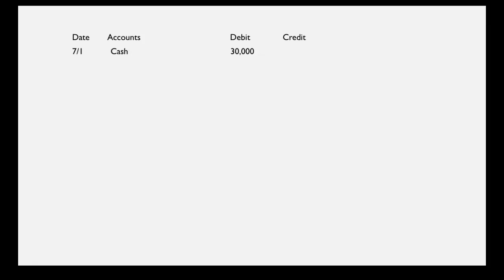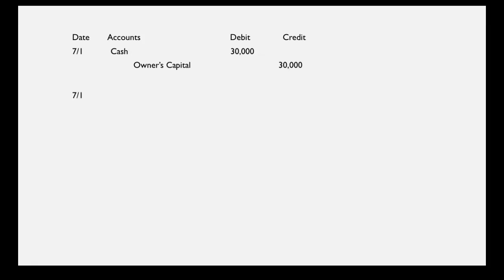And the way that we increase cash, since it's an asset, is we debit that account. Now, the other half of this is that Artie is becoming an owner of this business. So we need to credit owner's capital for this $30,000 amount. So that's our journal entry for the first transaction.